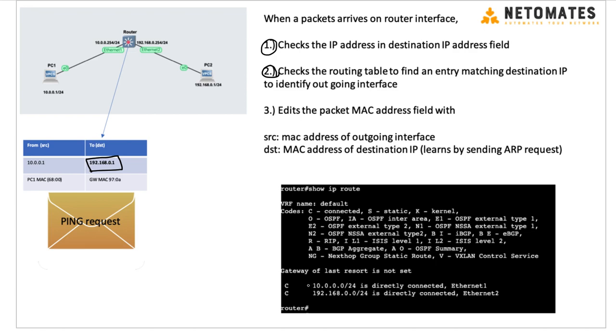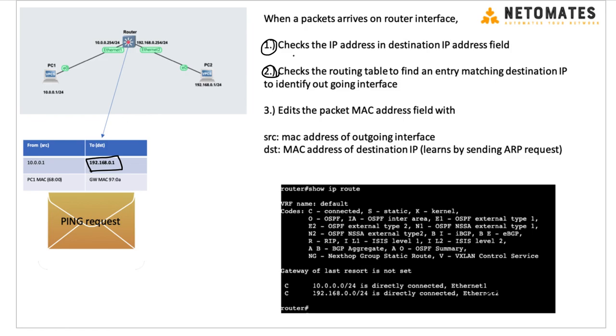In this example, you can see 10.0.0.0/24 is directly connected to Ethernet 1. So when we gave Ethernet 1 the IP 10.0.0.254/24, the router populated this connected route entry. Basically, it will know that 192.168.0.0/24 is behind Ethernet 2. Similarly, 10.0.0.0/24 is behind Ethernet 1.